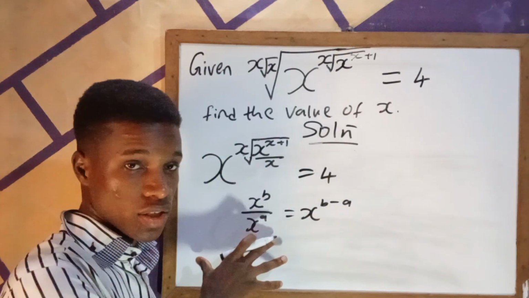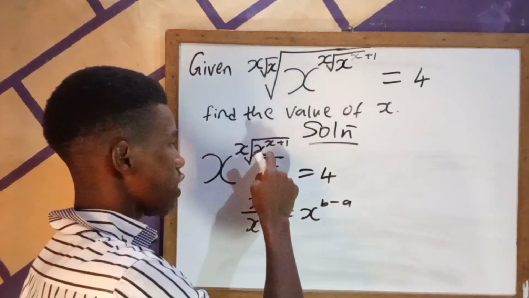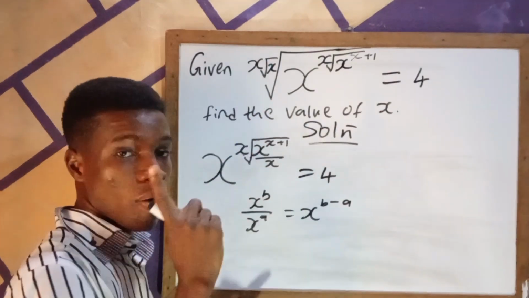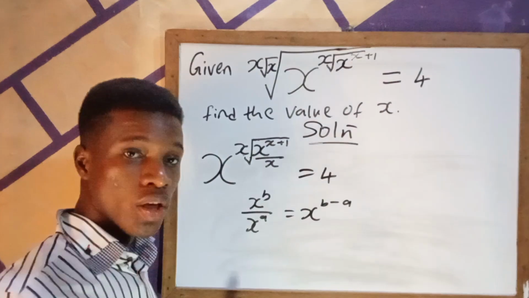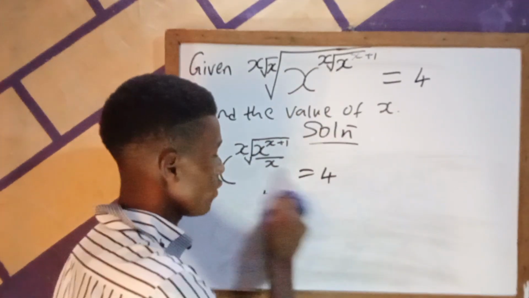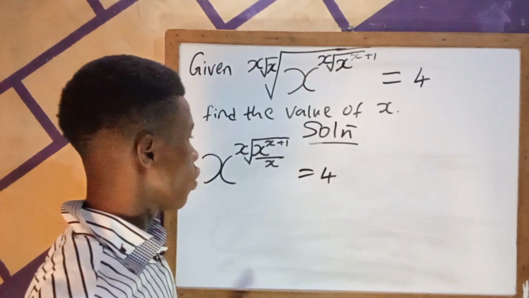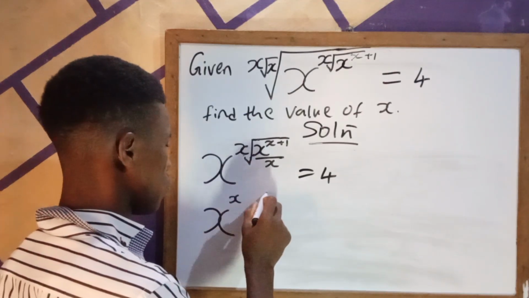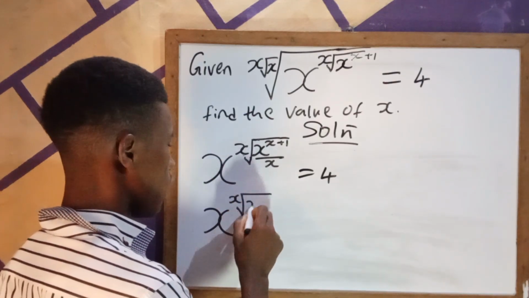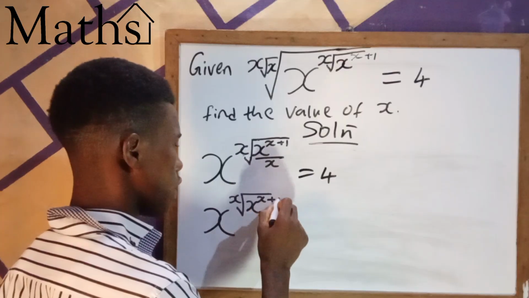Yeah, this is what the law of indices told us. Now if you look at this, this x is raised to power 1, and this x here is raised to power x plus 1. So from the rule of indices, we have that this is equal to x to the power of the x root of x raised to power x plus 1.